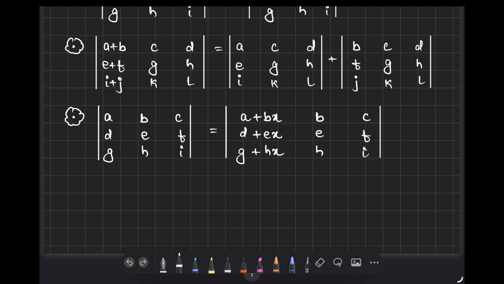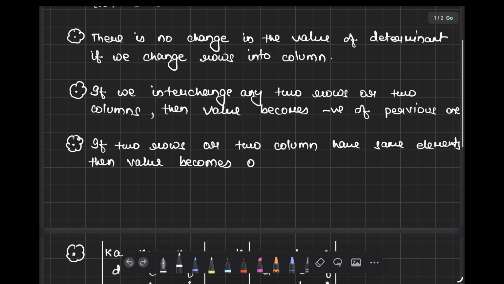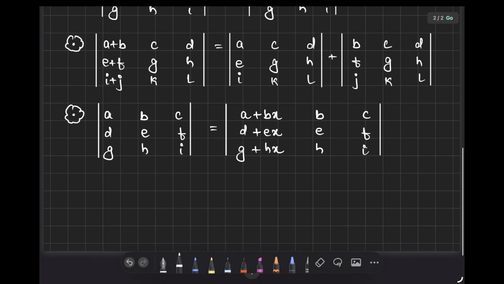You can do the same thing. If you wish, you can multiply a number to a particular column or a particular row, and then you can add or subtract it with any other row or column. This is the most important property that you have to digest. I hope this idea is clear.